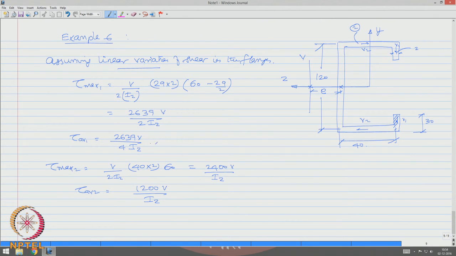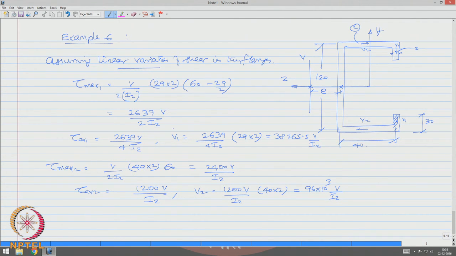Now, I can easily find V 1 as 2639 by 4 I z into this area 29 into 2, which is nothing but 38265.5 V by I z, and V 2 is 1200 V by I z into the area 40 into 2, which gives me 96 10 power 3 V by I z.